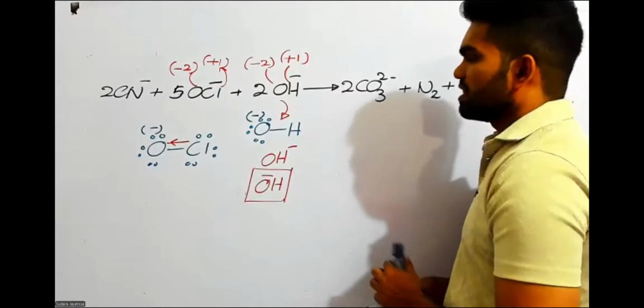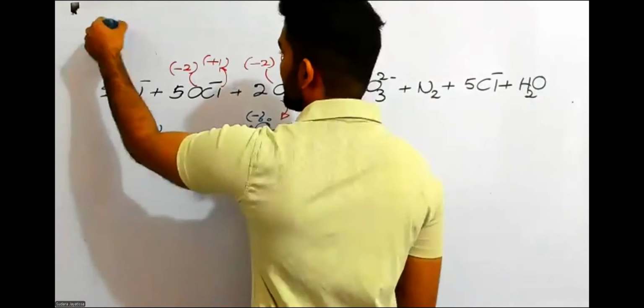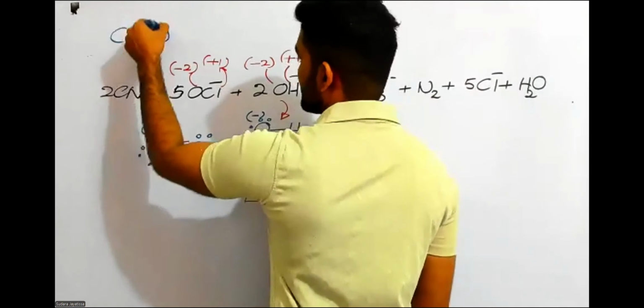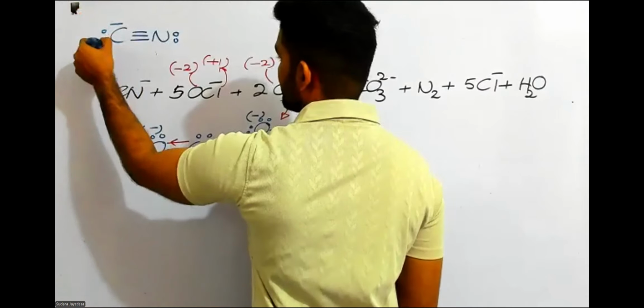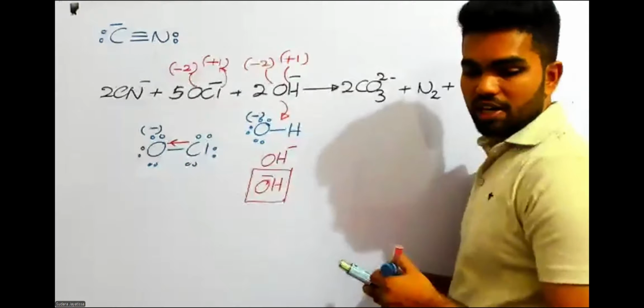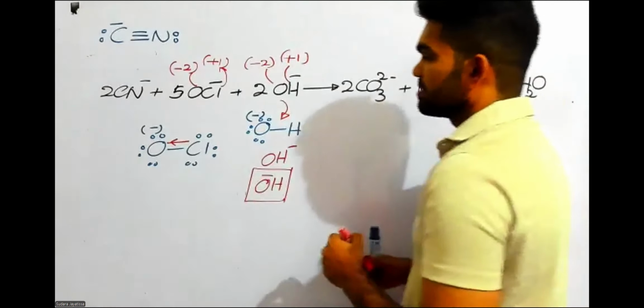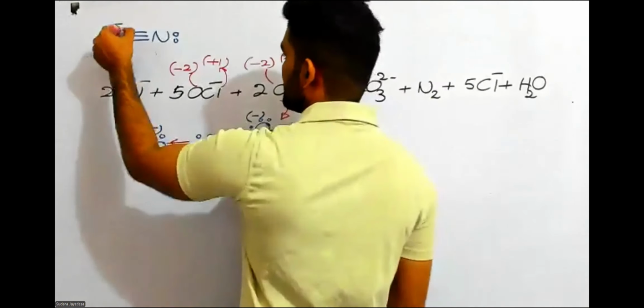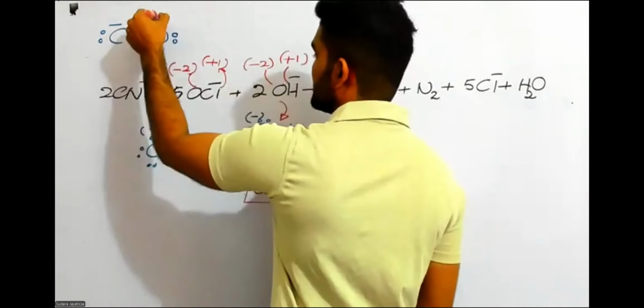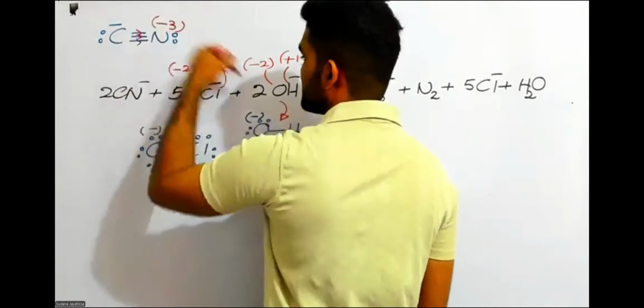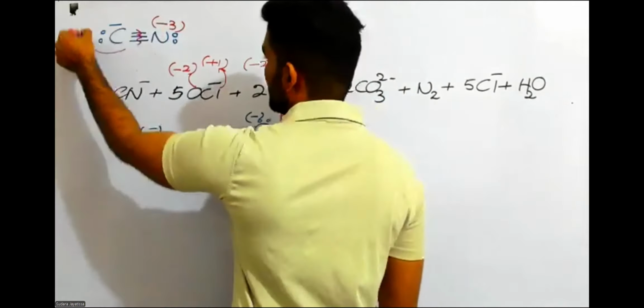Okay. Then CN minus. CN minus, this is the Lewis structure. A negative charge is there on carbon. Now check. Nitrogen is pulling 3 electrons partially, so the oxidation number of nitrogen is -3. Carbon, look at carbon very carefully.